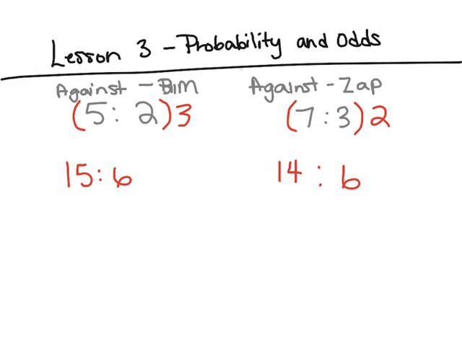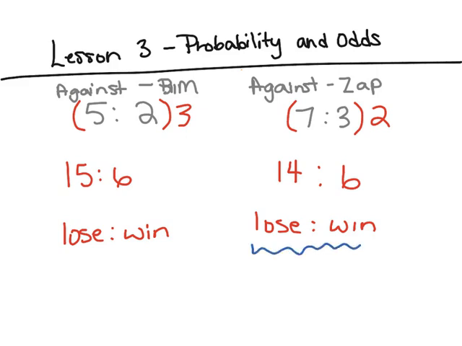So remember, because we're dealing with odds against, this is in the form of losing to winning and losing to winning. So if you were to pick the game that wins more, we know that you lose fewer times with Zap than you would if you were playing BIM. So the game you would want to choose is to play Zap, because you lose less.